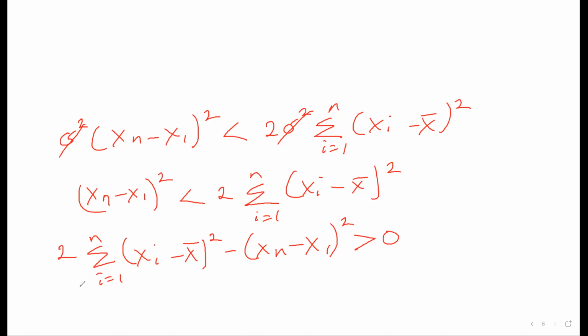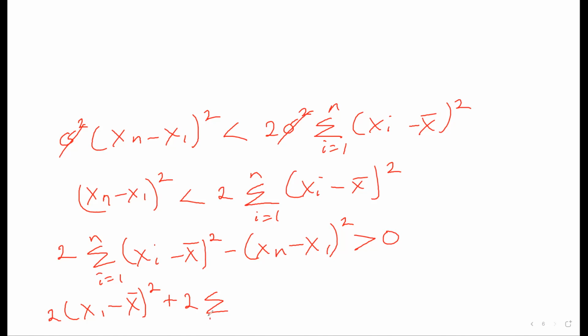If I take the first element, I'm going to have 2 times x1 minus x bar square. This is the first element. Plus 2 summation, and our i will not be starting from 1 again; it's going to start from 2 because we've taken the first element away.